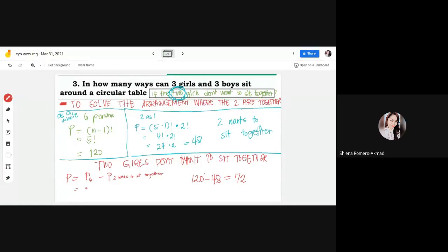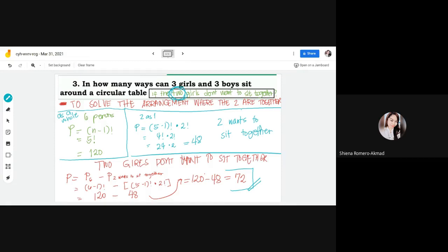And that is 6 minus 1 factorial minus 5 minus 1 factorial times 2 factorial. So this will be 120 and this is 48. Okay, so we have now the answer. Naintindihan po?